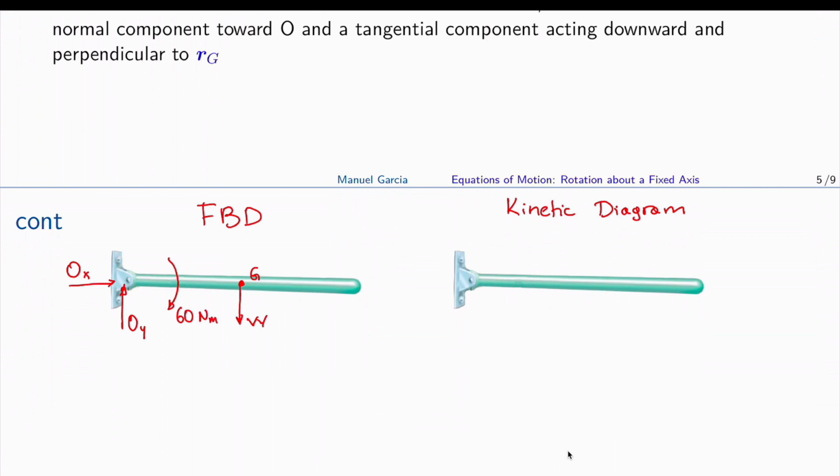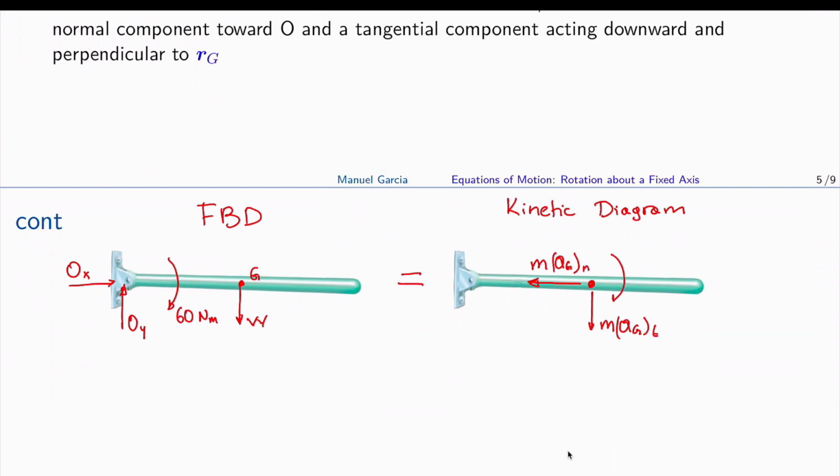Okay, so this should be equal to the kinetic diagram. In the kinetic diagram, we consider our bar, the center of mass, and the two accelerations: the mass times the acceleration of g in the tangential direction, and the normal acceleration, which is mass times the acceleration of g of the center of mass in the normal direction.